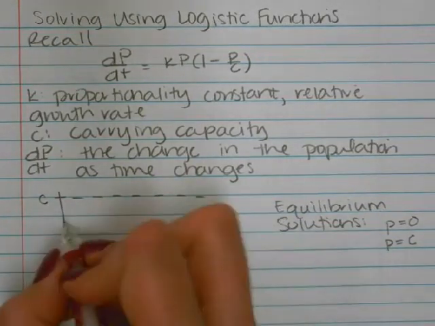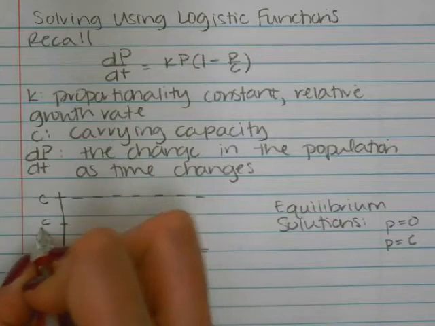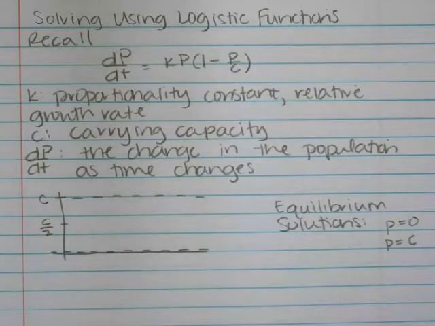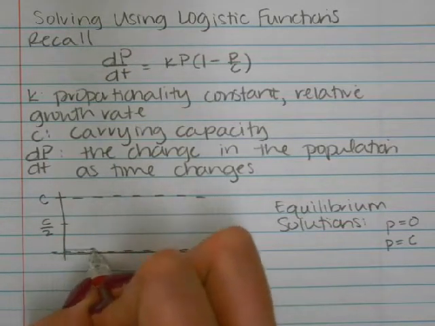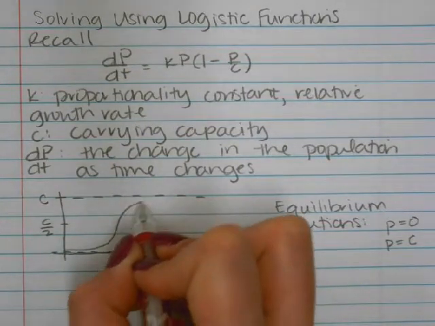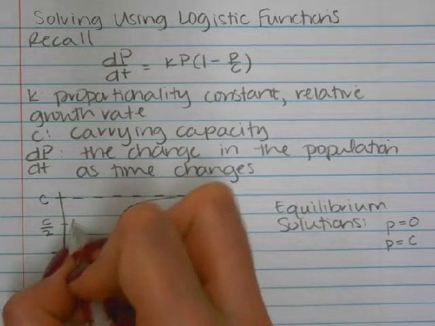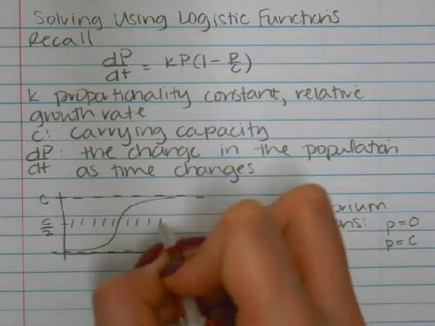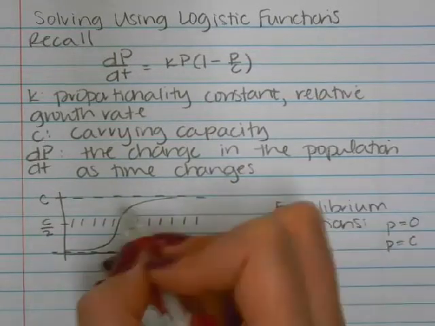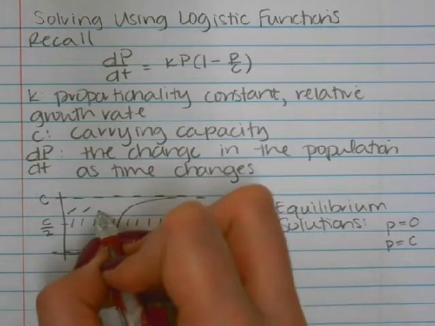And so when we looked at this, we could see that C divided by 2, or half of the carrying capacity, was where the growth was the steepest. So if you guys remember what a logistic function looks like, it kind of goes like this, right? This is where we have the steepest slope. And then the slope is a little bit less steep right here.